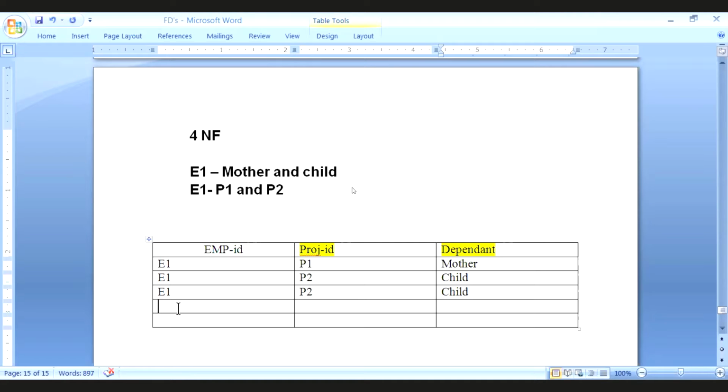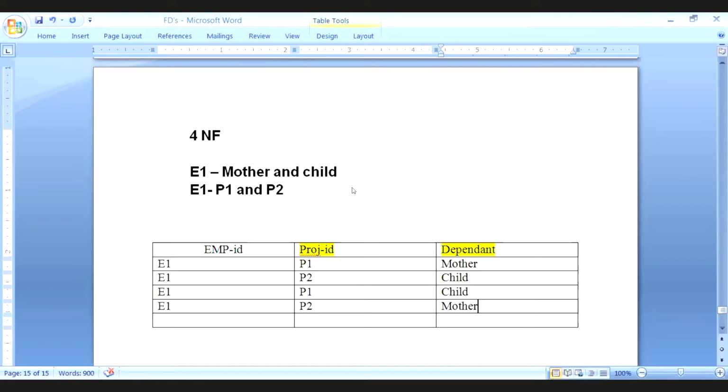And another, E1 is involved in project P1 when the mother is dependent.